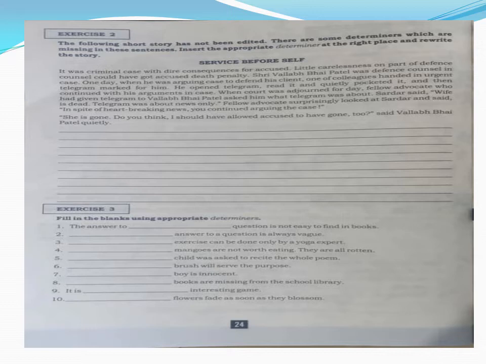Okay, see that in the second sentence, little carelessness on part of defense counsel could have got accused that penalty. Here also so many articles are missing. See that little. When we write a, L becomes small because little becomes the second word.